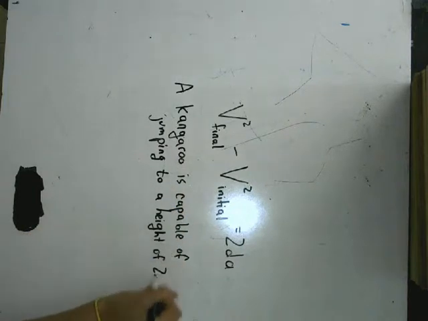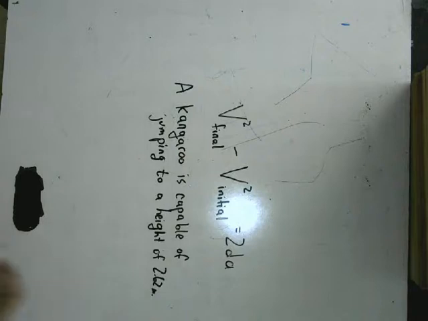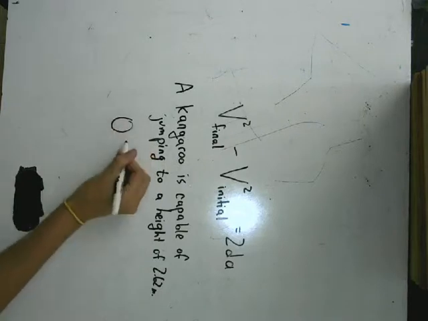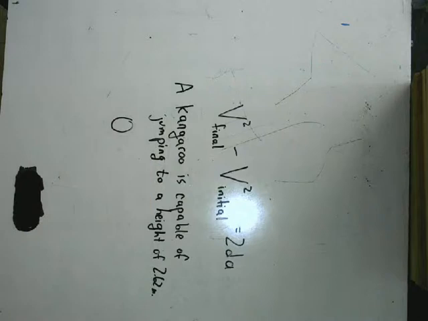And we needed to find the takeoff speed of the kangaroo. So what ends up happening is the final velocity is going to be 0, because eventually the kangaroo stops accelerating upwards at the top of the jump.